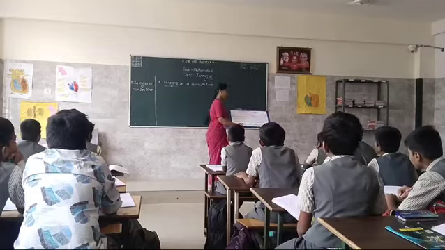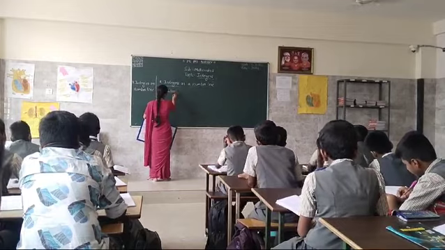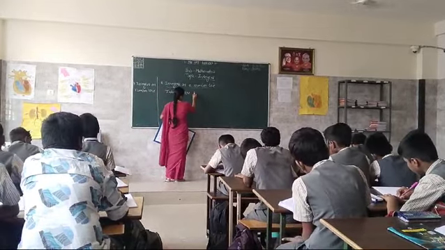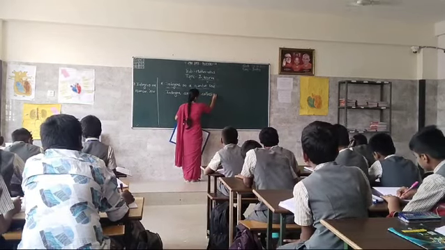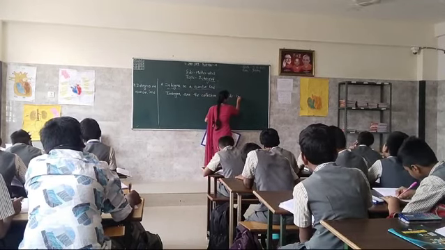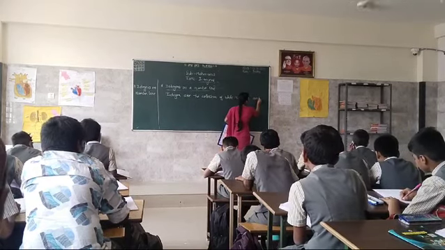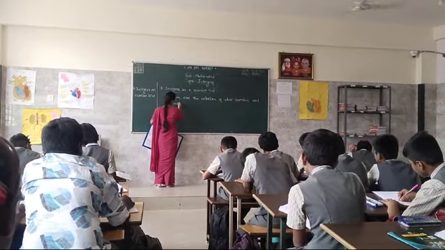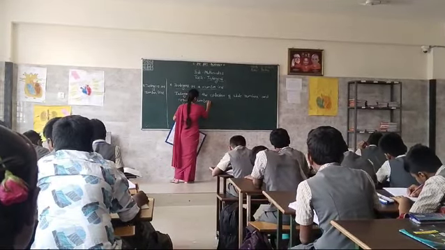Clear? So, what are we going to define? Integers are the collection of whole numbers and negative numbers. Negative numbers, right?